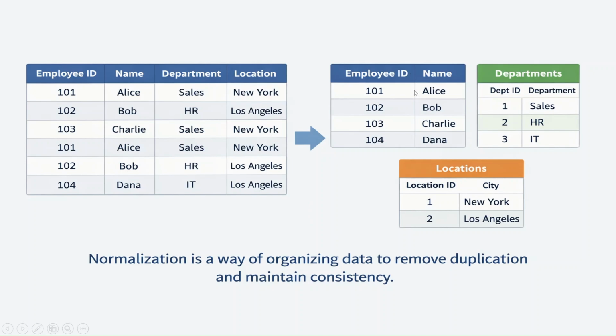First one is employee, which only contains employee related information. Then I have a department table, which contains only department related information. You can see sales, HR, IT. Then I have a location table, which contains only location related information such as New York, Los Angeles, Chicago, Boston. But now we have created multiple tables.